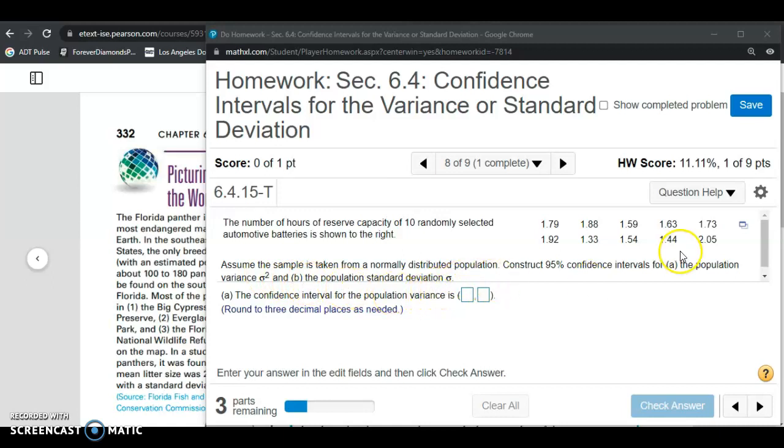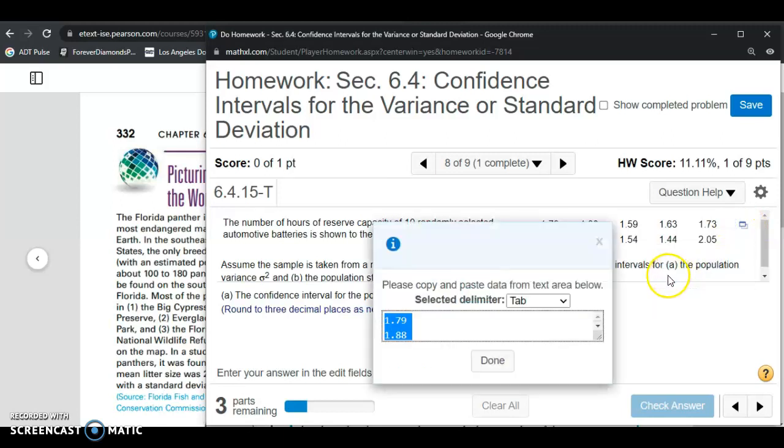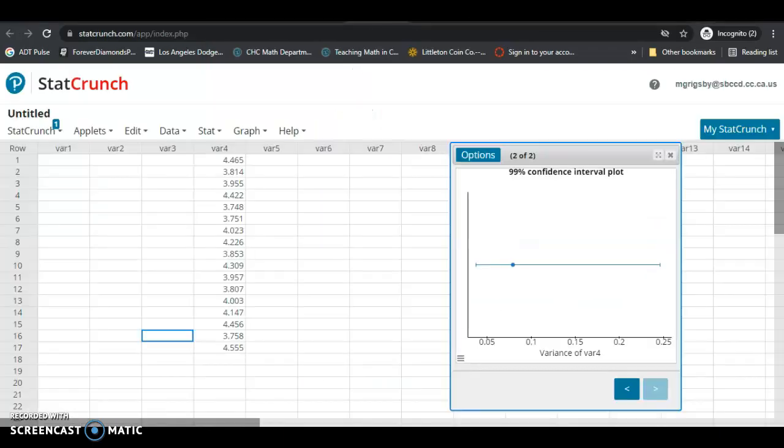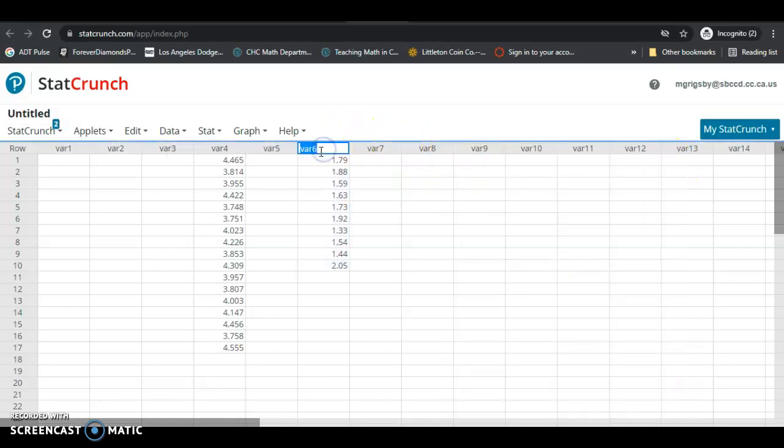sigma. Okay, so let's go ahead and copy the data into StatCrunch, and then paste it in an empty column. You can rename the column if you wish, but you don't have to.